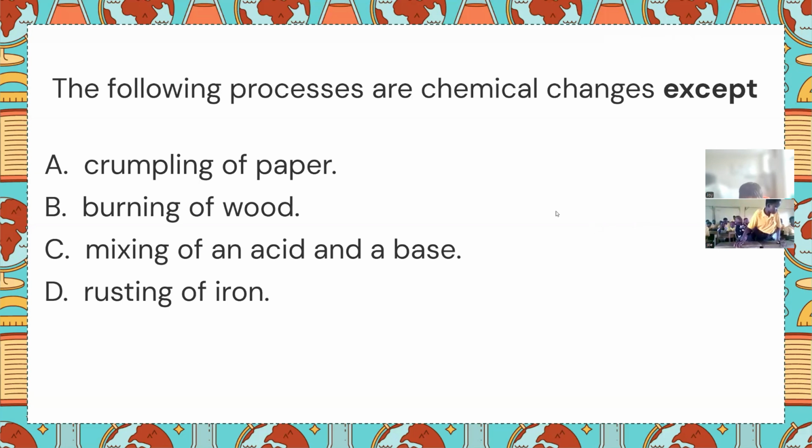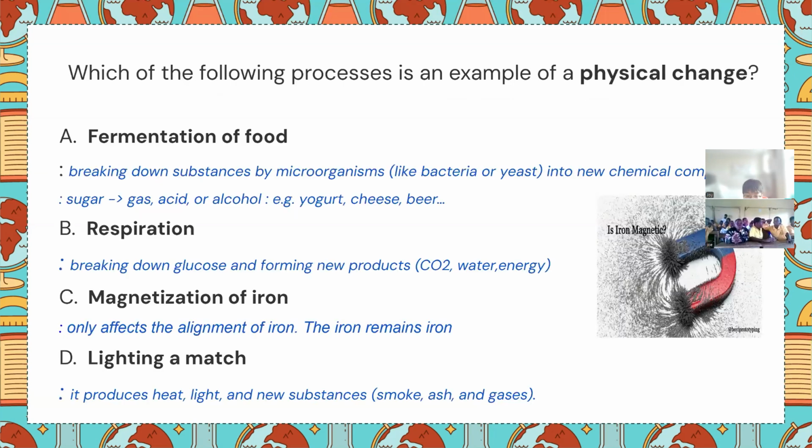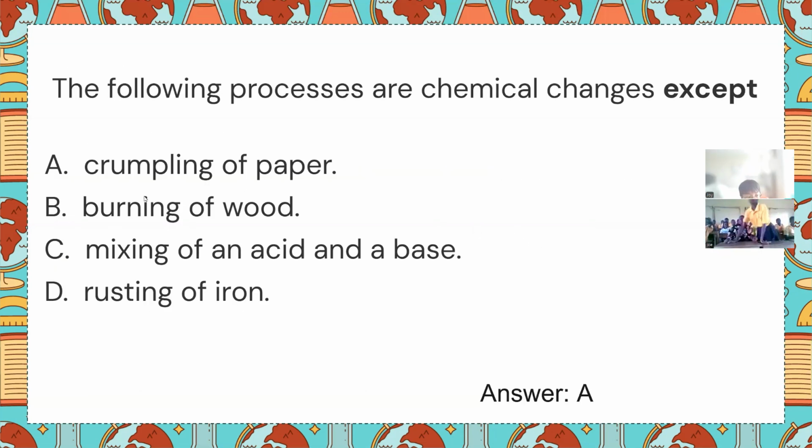So out of these choices, the answer choice that is not a chemical change is the crumpling of paper. Crumpling of paper is a physical change. Does this answer make sense?